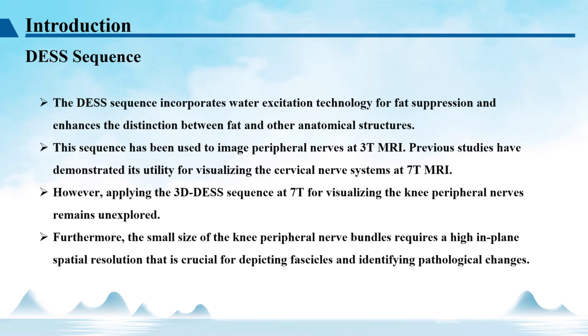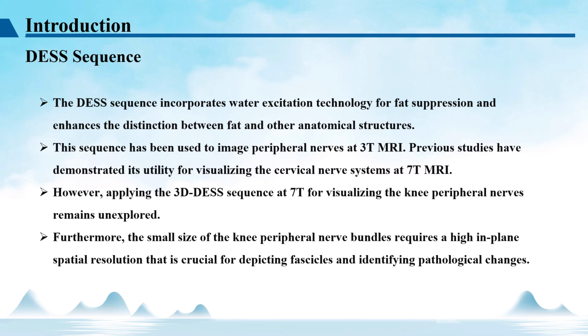The DESS sequence incorporates water excitation technology for fat separation and enhances the distinction between fat and other anatomical structures. This sequence has been used to image peroneal nerves at 3T MRI, and previous studies have demonstrated its utility for visualizing the cervical nerve system at 7T MRI.